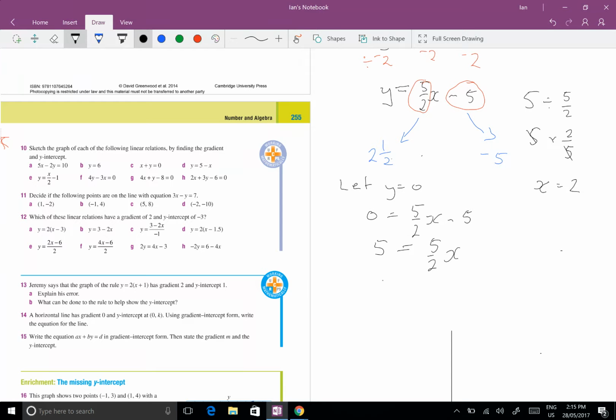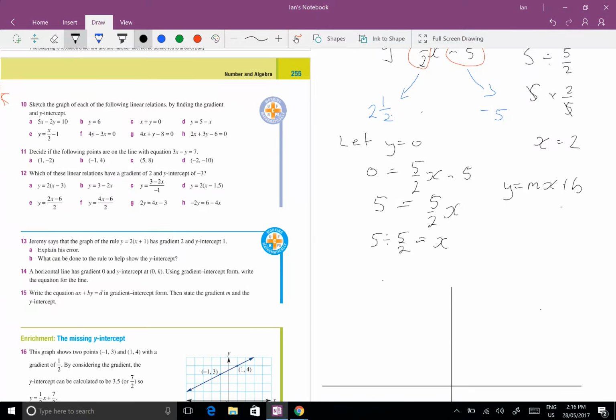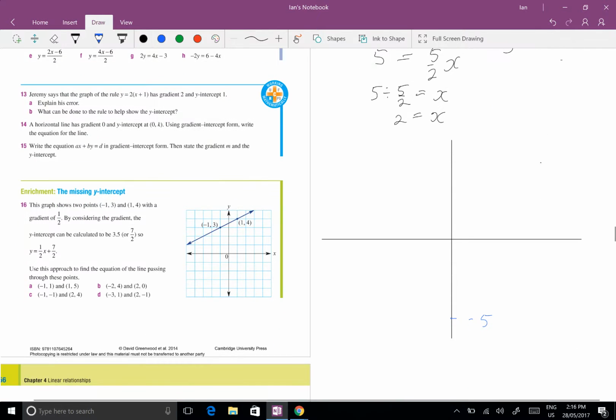Then we divide by 5 on 2, and you can see very quickly why the rule is there. But it has to be written in the form y equals mx plus b. When we divide 5 by 5 on 2, we just get 2. So now I've got the x-intercept and the y-intercept.